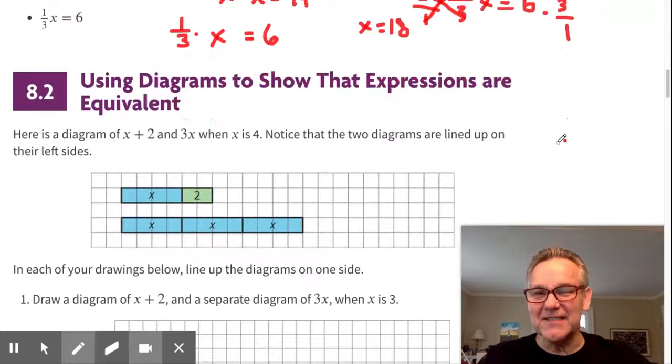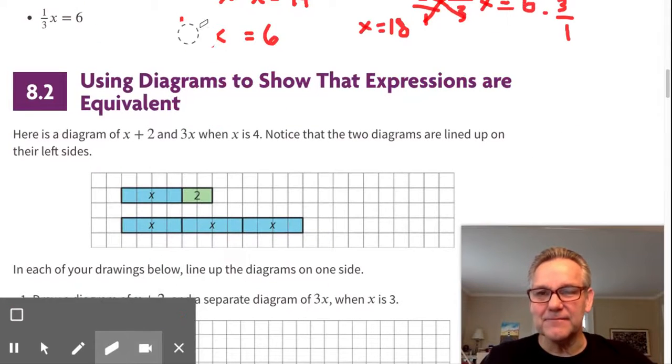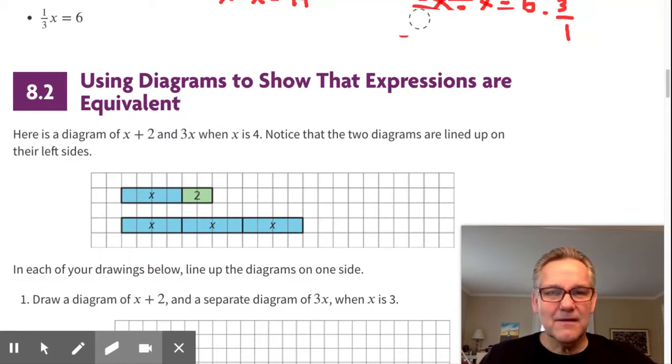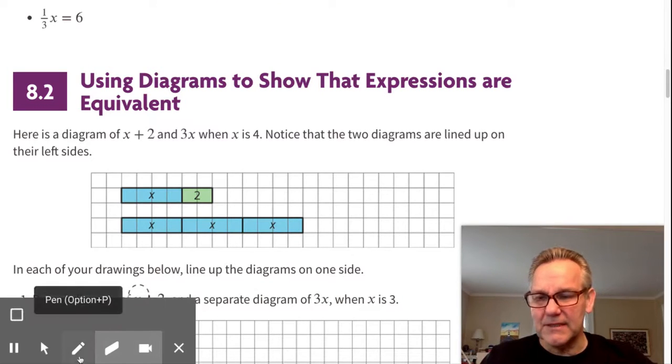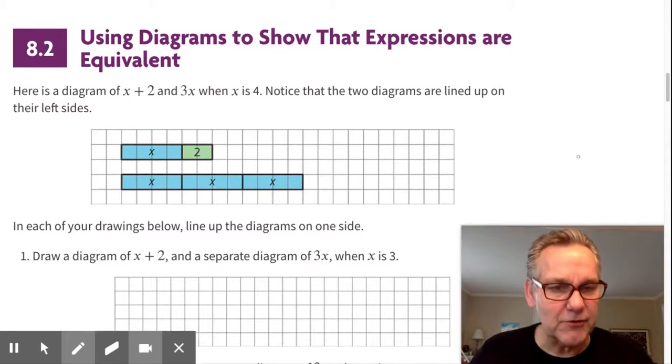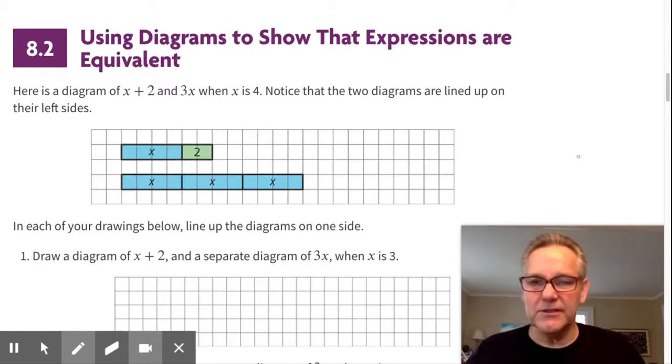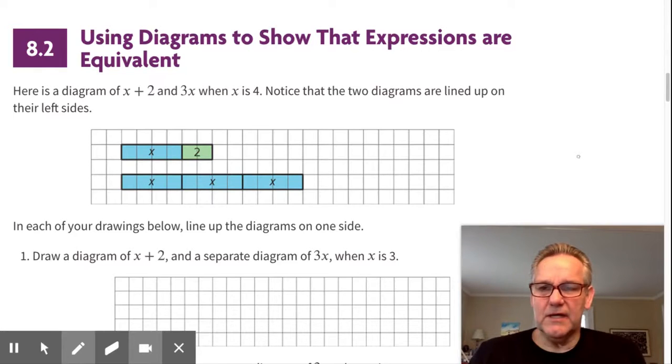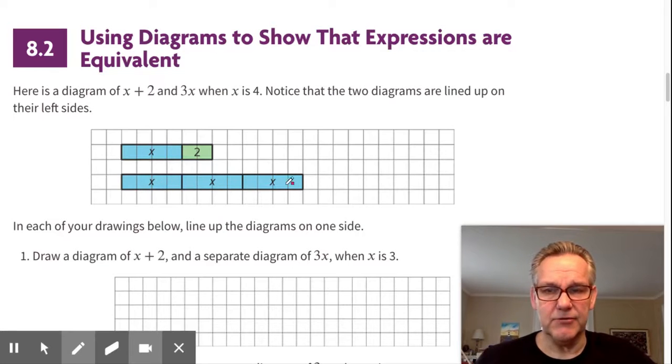All right, the next section here, let me get rid of this writing. The next section here, we're going to use diagrams to show that expressions are equivalent. So in the start here, we have a diagram of x plus 2. This is the x plus 2 diagram, and this is the 3x diagram.